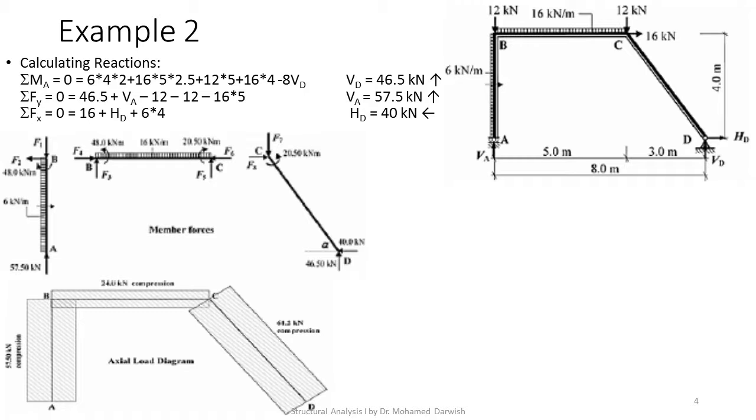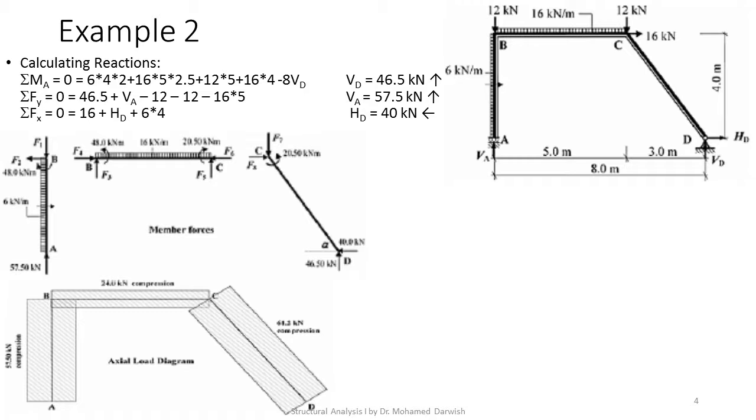Okay? So if this angle is alpha, that means that I need to get the 40 kilonewton cosine alpha. This will give me the component parallel to the member. And the 46.5 will be multiplied by sine alpha.